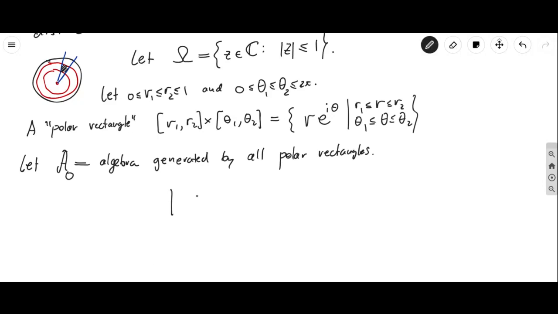So if, let's say, you have a rectangle like this, and then you have a rectangle like that, as you can see, the intersection of two polar rectangles is another polar rectangle. It could happen that the intersection is empty. And if you take two polar rectangles and you take their union, you can get something that's more complicated.